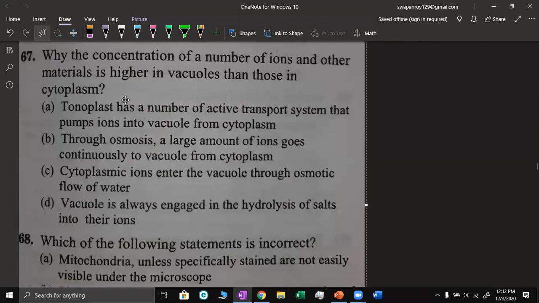Next, why is the concentration of ions and other material higher in the vacuole than in the cytoplasm?